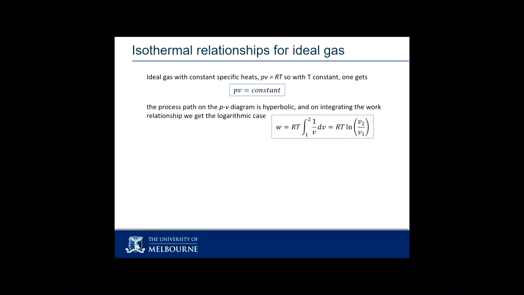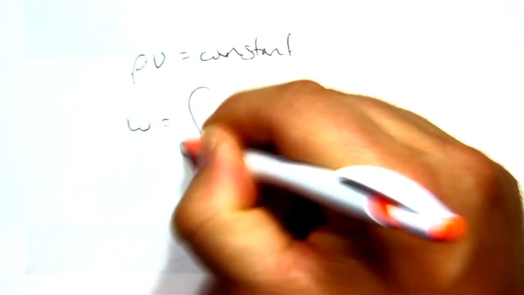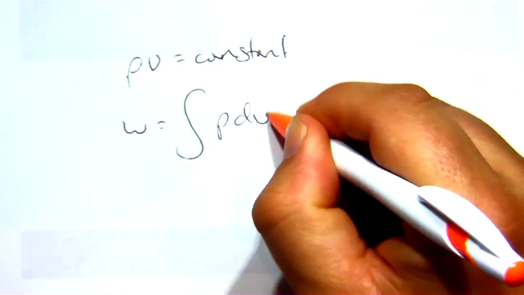So what just happened there? Let's see how good my ability to integrate on screen is. PV is a constant, and work is the integral of P dV.